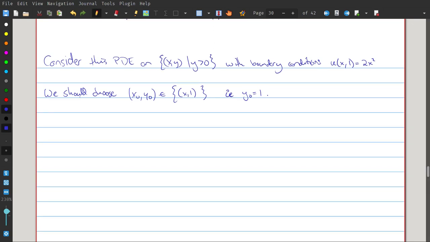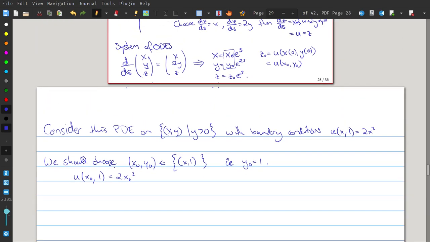And then once we've done this, what do we know? Well, we know that u at x0, y0, or 1, same thing, is then 2 x0 squared. But we know by definition that z0 is u at that initial point.